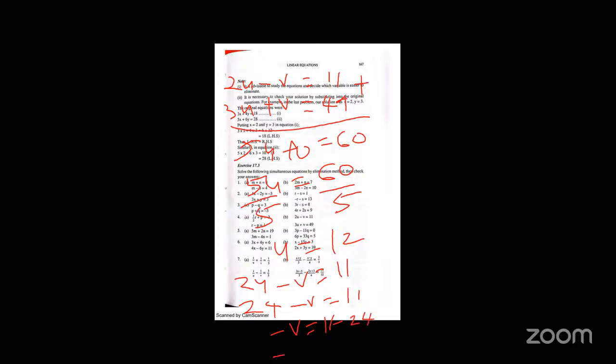So negative v is equals to 11 minus 24 gives us negative 13. So divide by negative 1. V will be equal to 13.